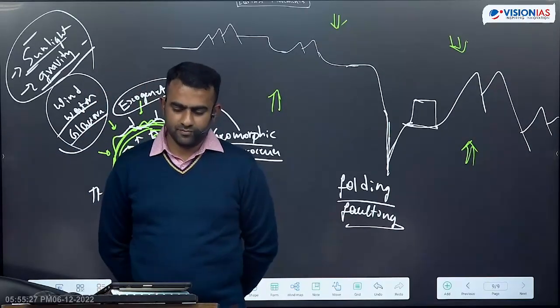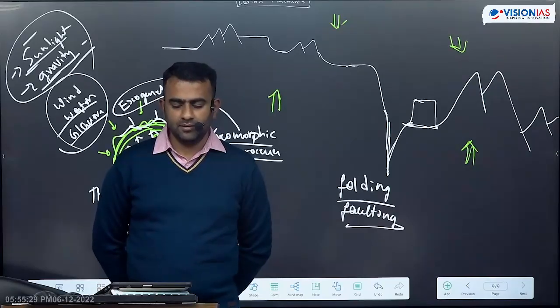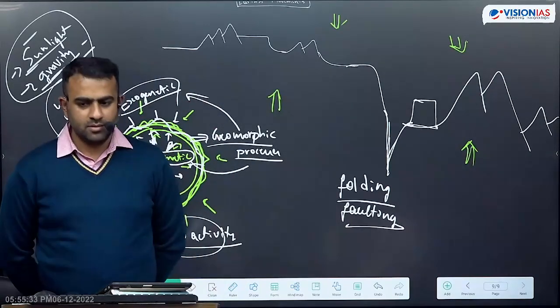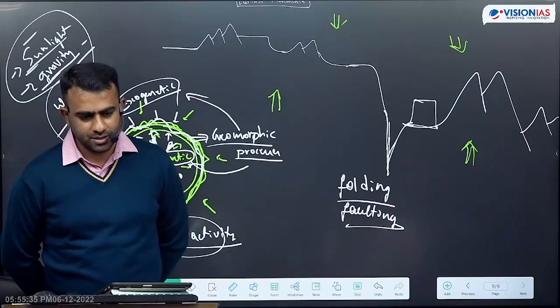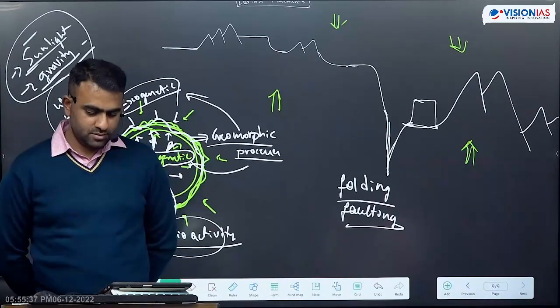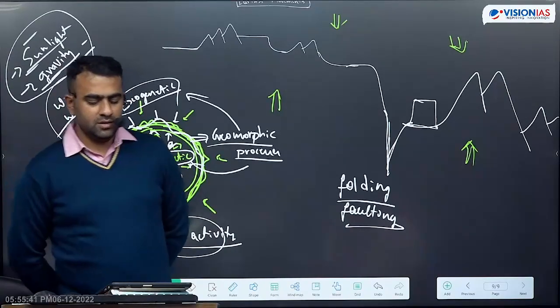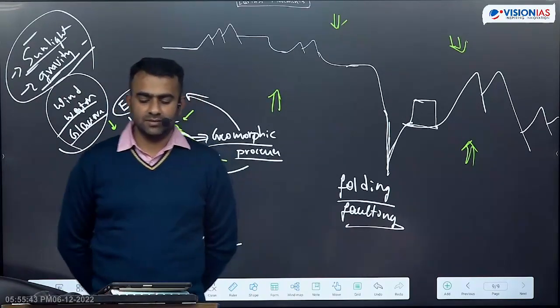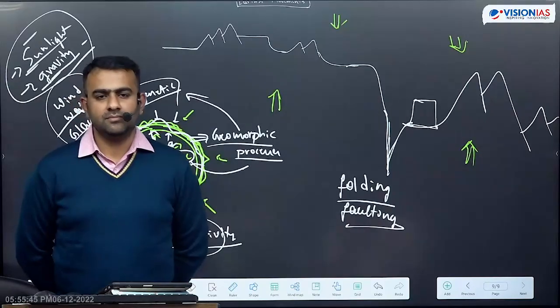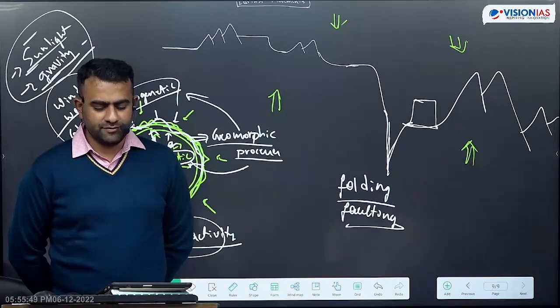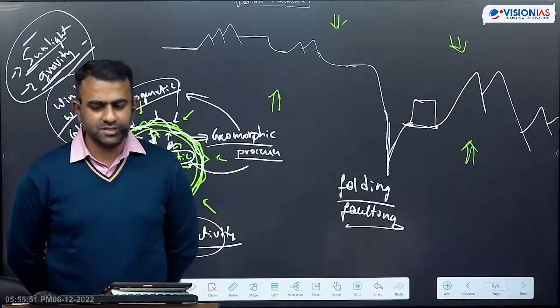Next point, wind, water, glacier are the different agents of exogenetic movements.